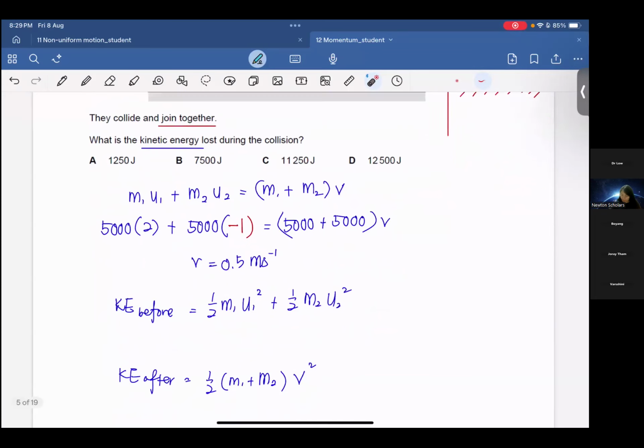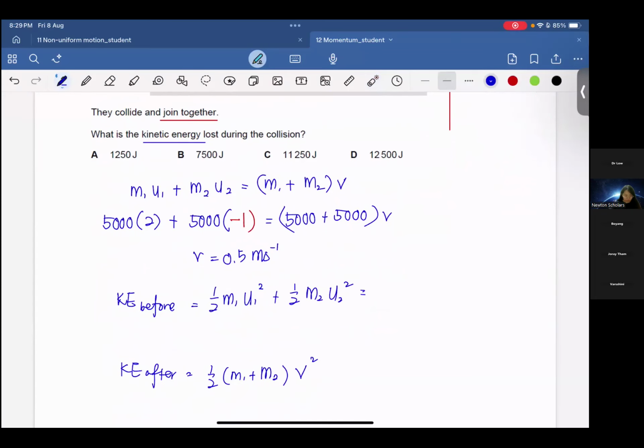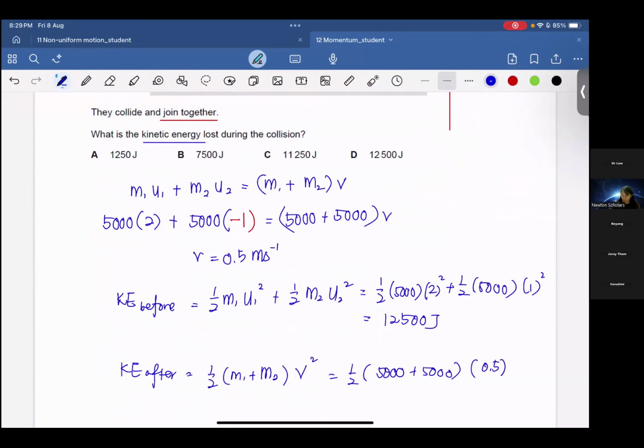Okay, correct. So here it is 1/2 times 5,000 times 2 squared plus 1/2 times 5,000 times 1 squared. No need for -1 because this is energy. So here it is 12500 joules. Then this one is 1/2 times 5,000 plus 5,000, the final velocity is 0.5 squared.